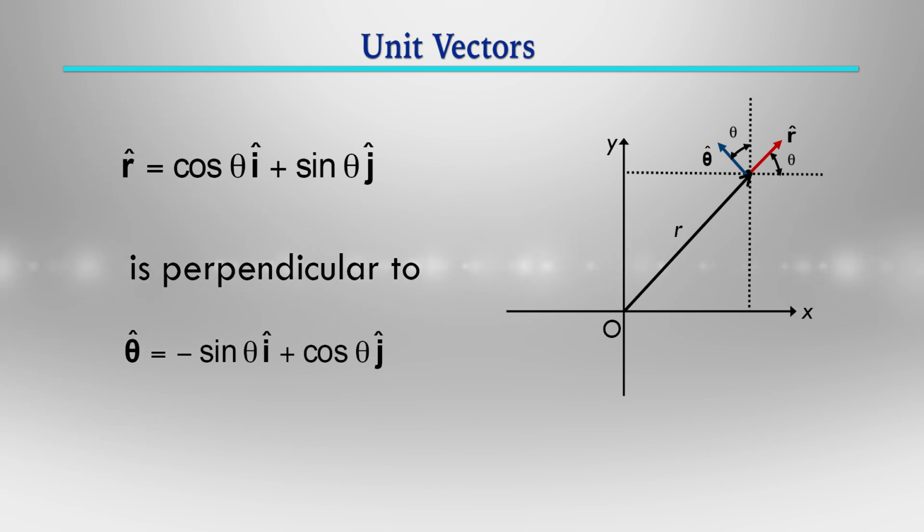So, theta cap is equal to minus sin theta i cap plus cos theta j cap, and r cap is equal to cos theta i cap plus sin theta j cap. So far we have discussed the plane polar coordinates and the unit vectors in the plane polar coordinate system, and in the next lecture we will study how we can describe velocity and acceleration in plane polar coordinates.